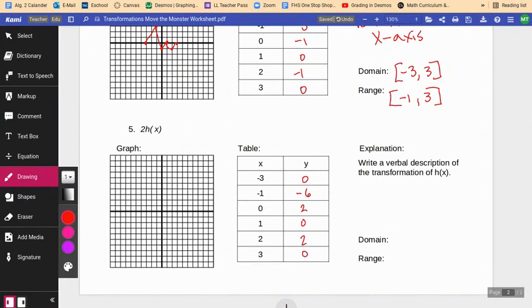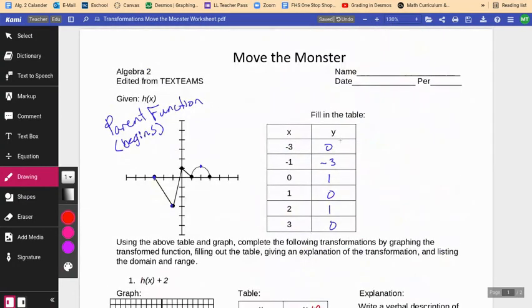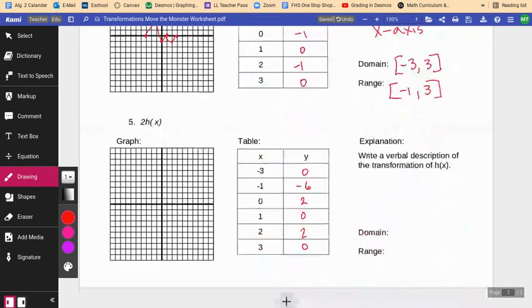And 3, 0. Okay. And so again, comparing this to our original table, the y values were just doubled. Okay, I multiplied everything times 2, so I can show, hey, I just multiplied 2 times everything to get these new points. And again, we can graph this.